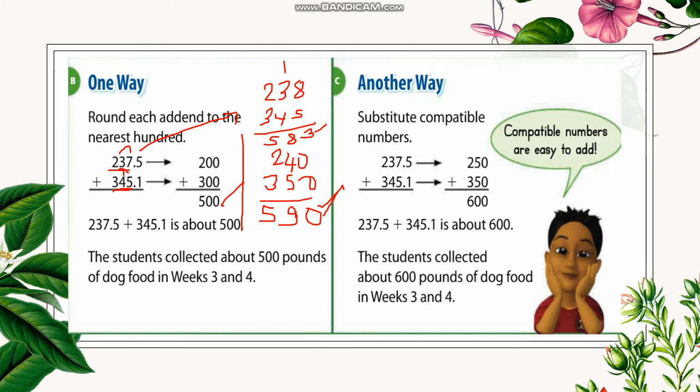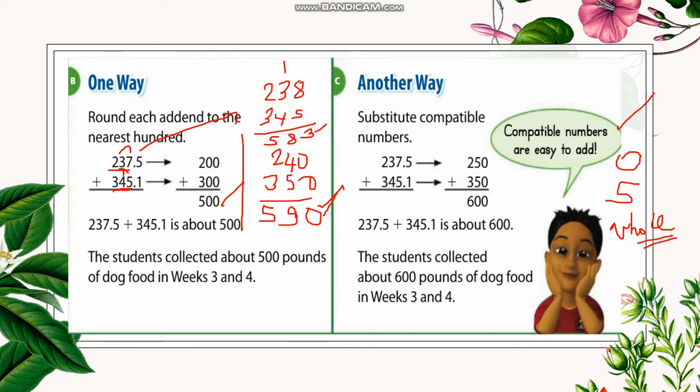Now, what is the other way? The other way is to substitute compatible numbers. Compatible numbers are easy to add. And which numbers are easy to add? Those numbers that end with 0, those numbers that end with 5, or whole numbers. Okay, if it is a decimal, make it a whole number.